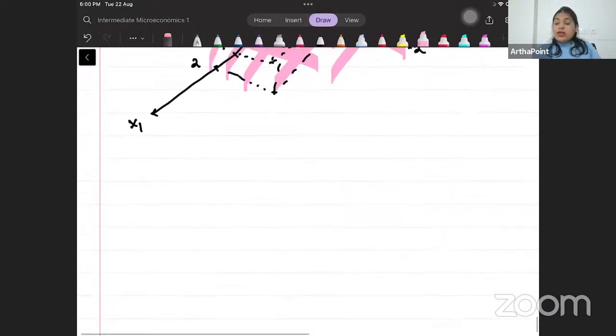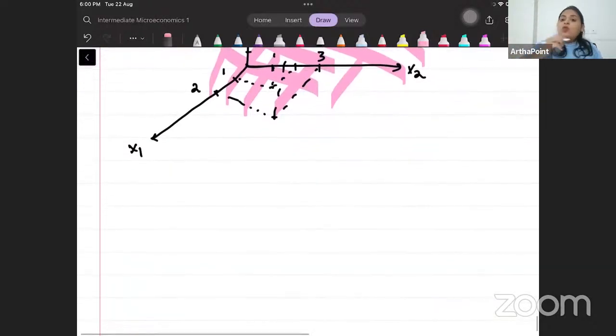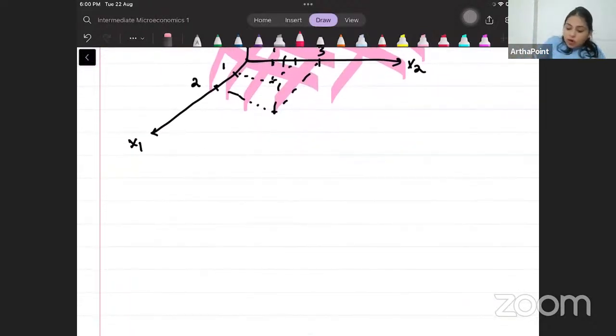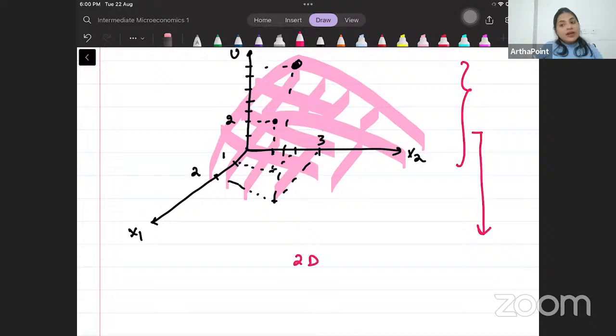Now, in maths, it's fine. But in economics, we want to keep simpler. We don't want to work with a 3D diagram. So I can work with a 2D diagram. In order to convert this 3D diagram into a 2D diagram, what can I do? I can keep utility constant.